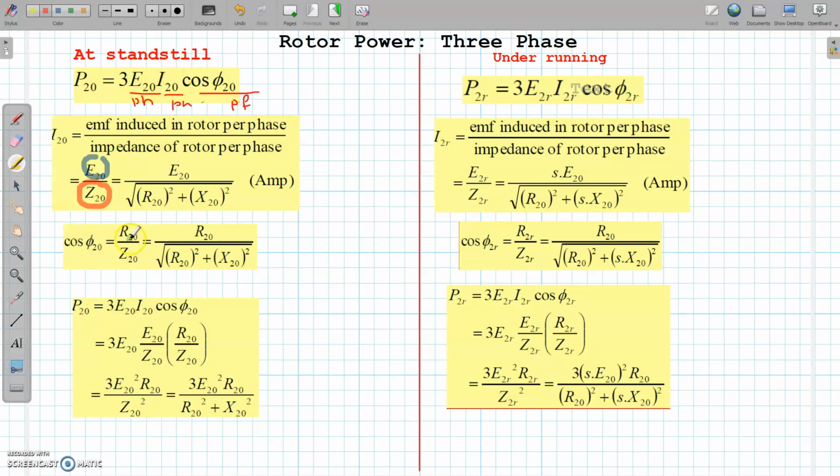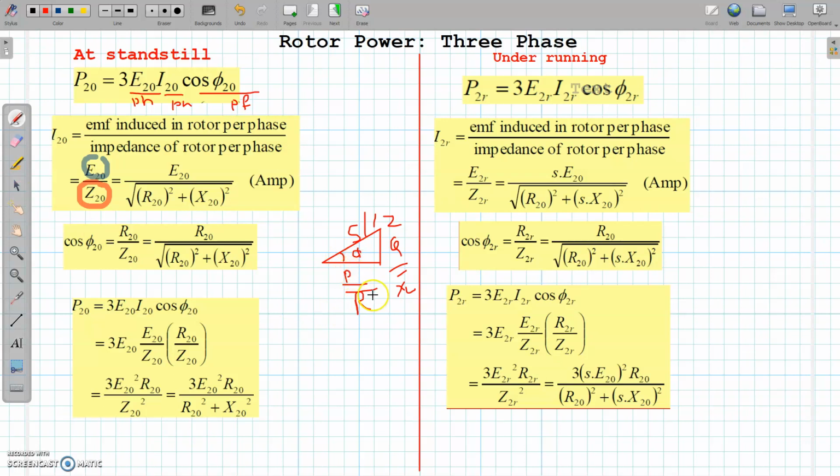Now, how will we calculate the power factor cos phi 20? If we draw the power triangle diagram, this side is P, this is Q, and this is S. Similarly, for the impedance triangle, this side is R, this is replaced by XL, and this is replaced by impedance Z. So this is our triangle diagram, and this angle is the power factor angle phi.